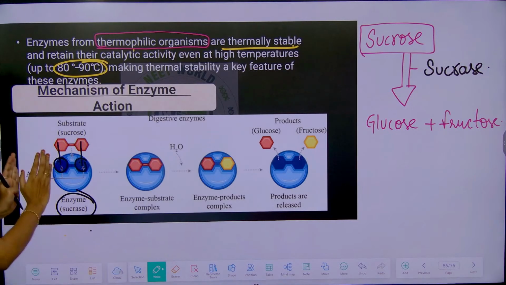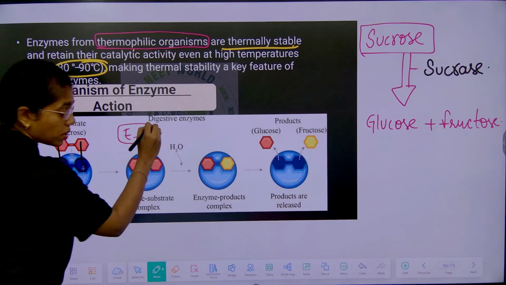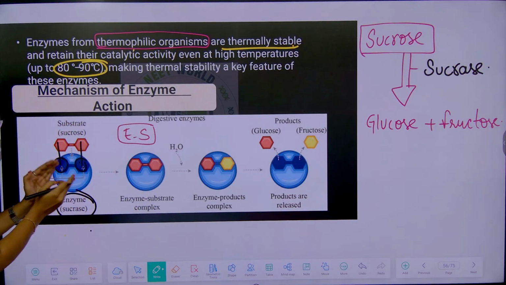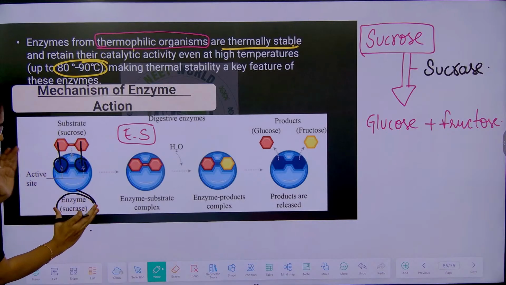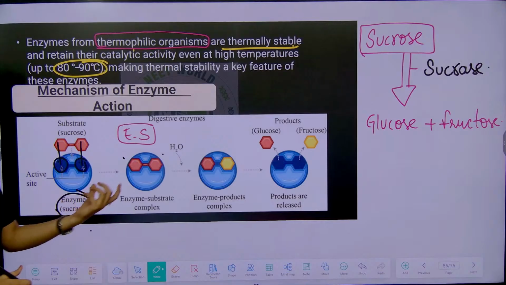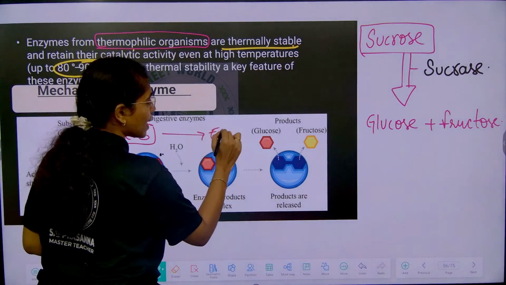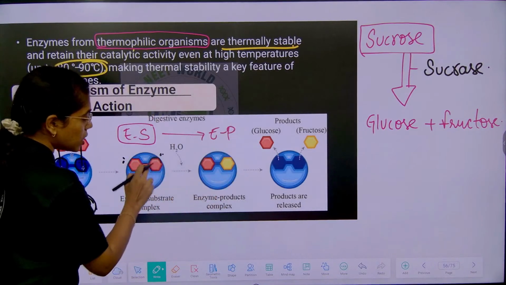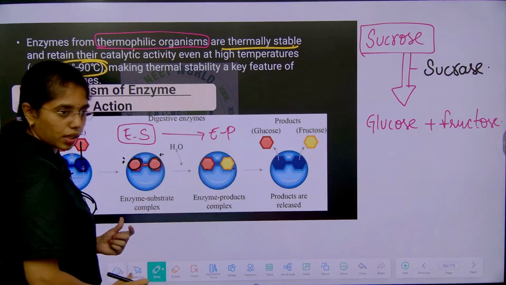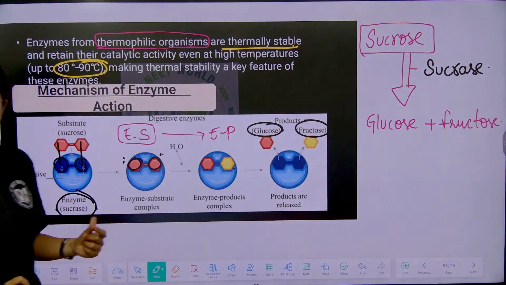Simply we can say ES complex, the enzyme substrate complex, but there is a whole mechanism involved in forming it. Once the enzyme substrate complex is formed, it turns into the enzyme product complex. This substrate is turned into what? Two products. What are they? Glucose and fructose.